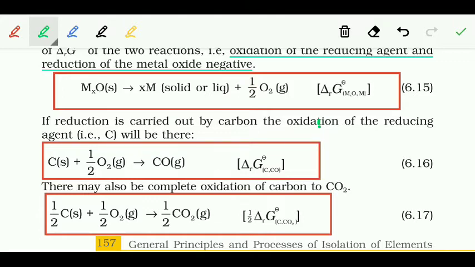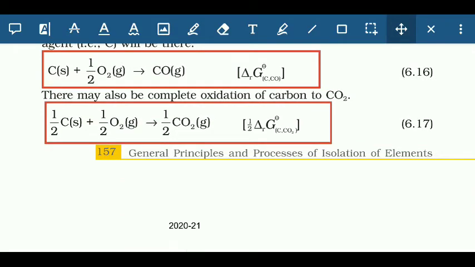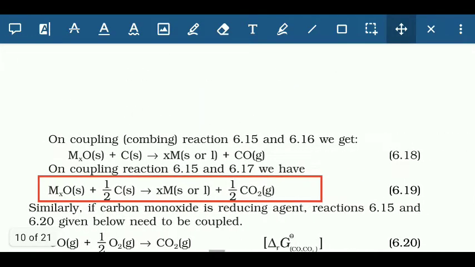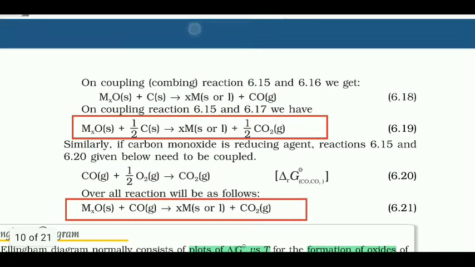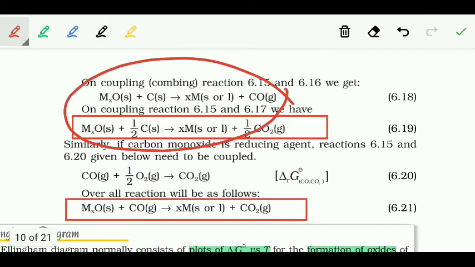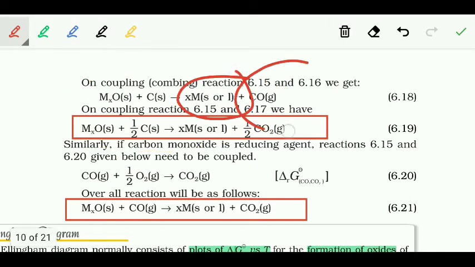Then we have the oxidation reaction of carbon. Initially we have the metal oxide and carbon. By coupling these reactions together, we obtain the metal itself. How? Let's see. On coupling the above reactions, we get the reaction shown here, that is, metal oxide plus carbon gives us the metal and carbon monoxide.